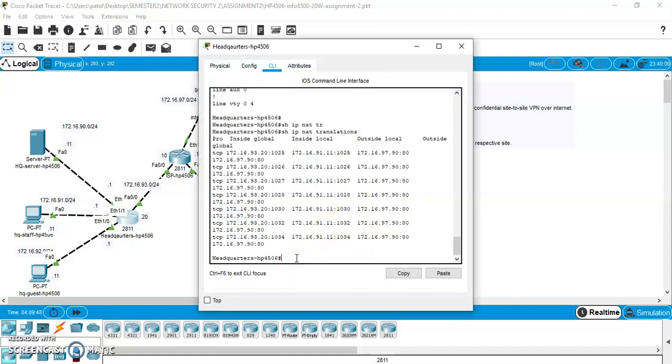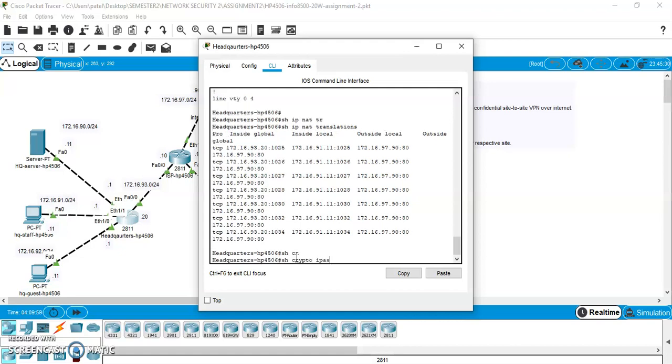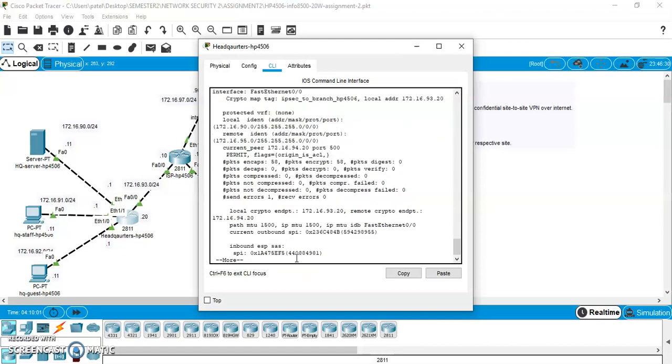The last and most important thing was to check whether we have created the site-to-site tunneling properly or not. For that, we'll look at the packets. As we can see here, the packets are being encrypted.